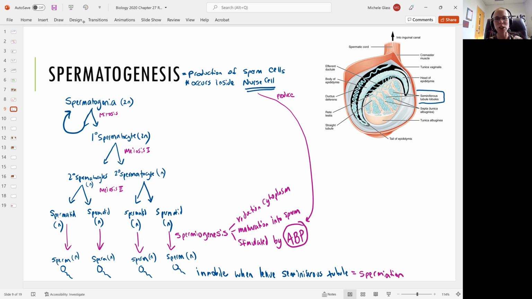So spermiation is the name of the process when the sperm cells leave the nurse cell and go into the middle of the seminiferous tubule. Remember, from the seminiferous tubules, they're going to go to the rete testis, and from the rete testis through the efferent ductule, where they head into the epididymis to continue that process of maturation.